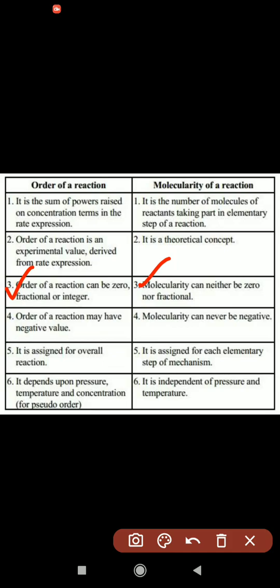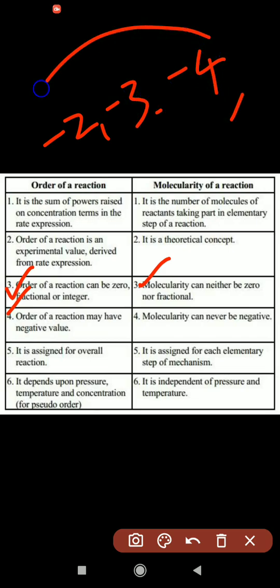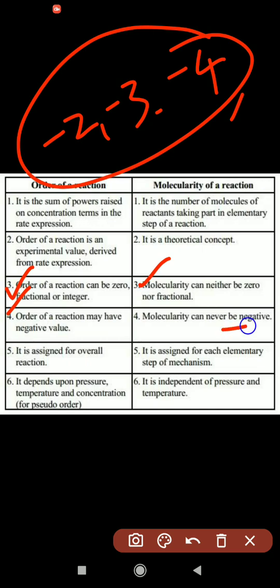Next, the fourth point. Order of reaction may have negative values, that means -2, -3, -4 like that. You can get negative values for order of reaction. Molecularity of the reaction can be neither 0 nor fractional, and molecularity can never be a negative value.